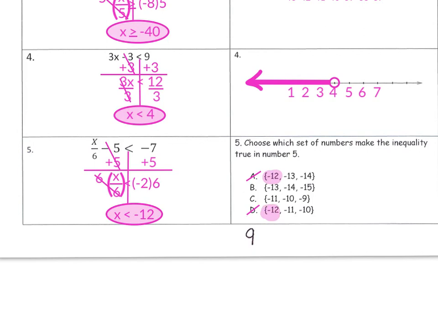So now the question is, which of these two choices in the middle include numbers that are actually less than -12? Well, I think to myself, what's worse than being in debt $12? So worse than being in debt $12 would actually be to have a higher amount of debt. So the answer for this one is -13, -14, and -15. And that's because they are actually less than -12.